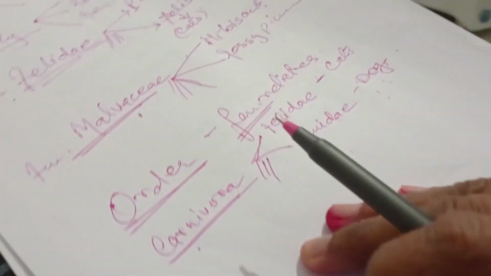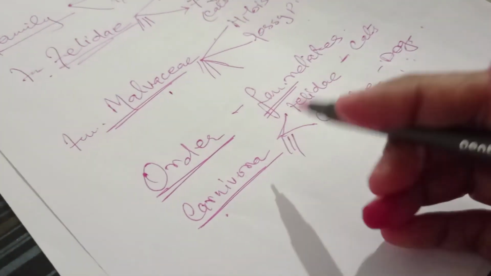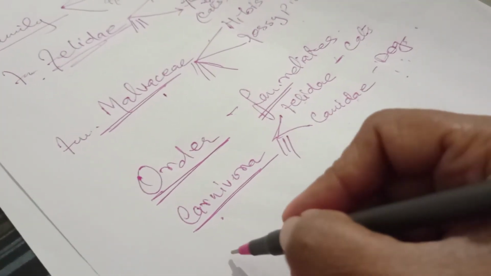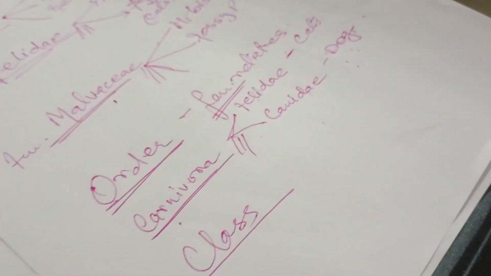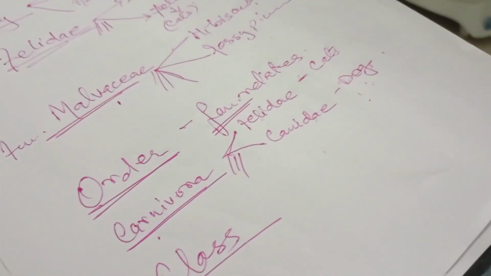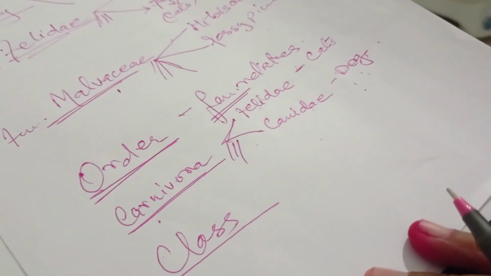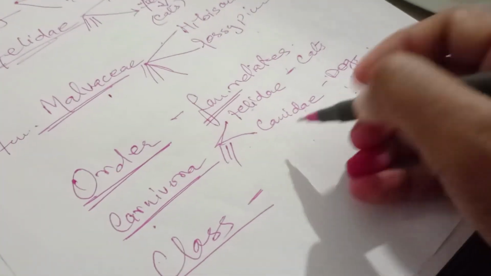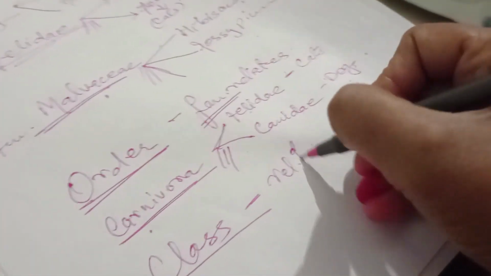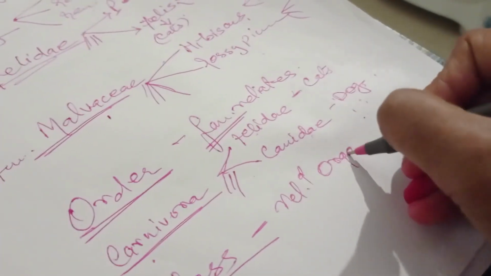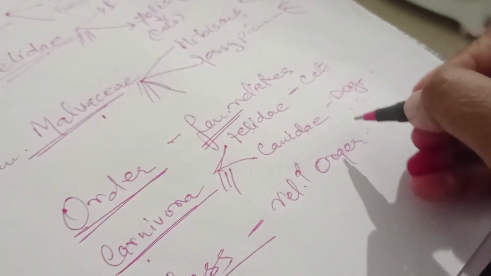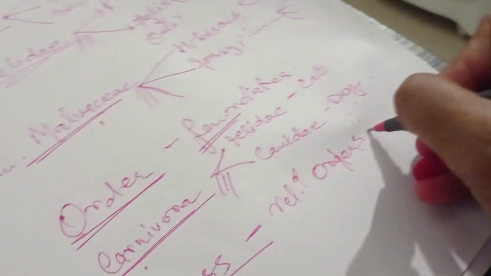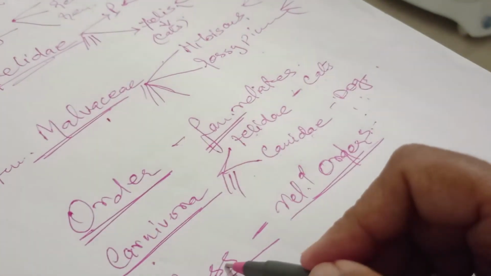Again, a step above, what will we have? Above order there is class. Now, what is class? Class is a group of related orders. Related orders will form a class.